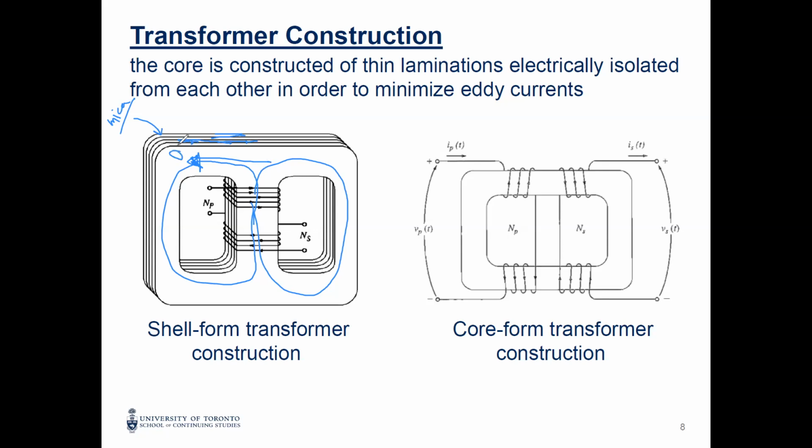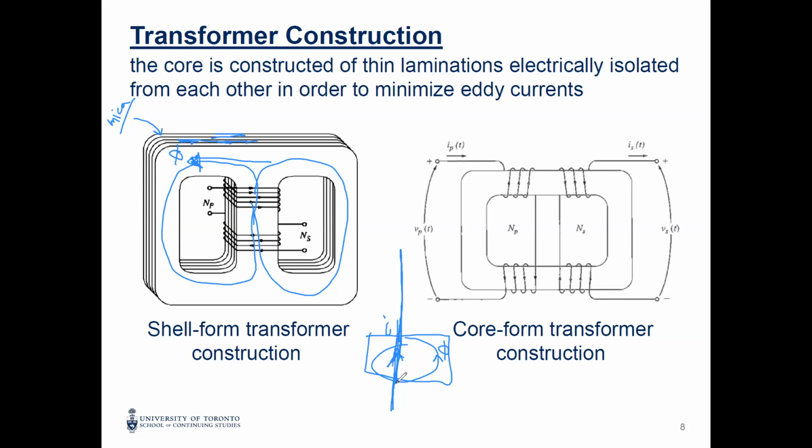If you have a flux in this direction, phi, similar to a conductor carrying a current, you have a flux. If you have a current flow, then you will have a flux. The flux is perpendicular to the current.